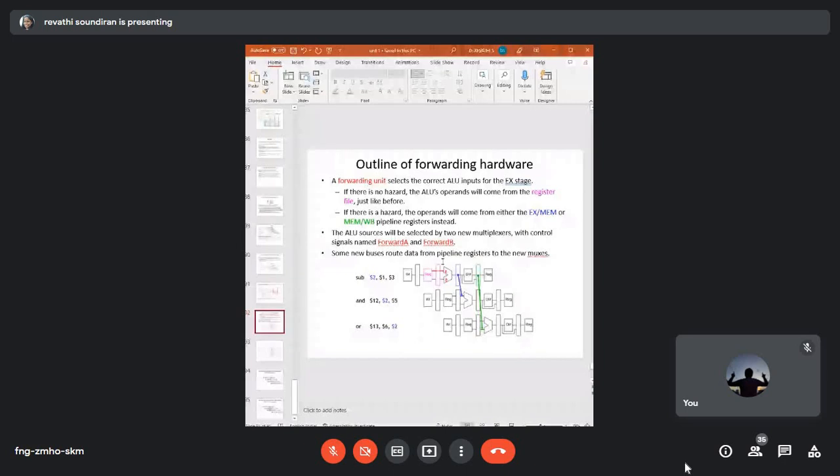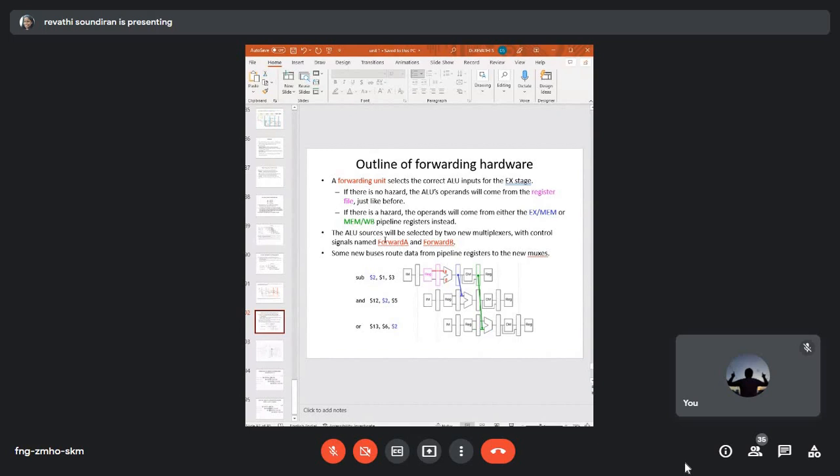Either it can be from the execute-memory pipelining register or the memory-write back pipeline register. So this is directly from the pipelining registers we get. Now the ALU sources will be selected with the help of a multiplexer.